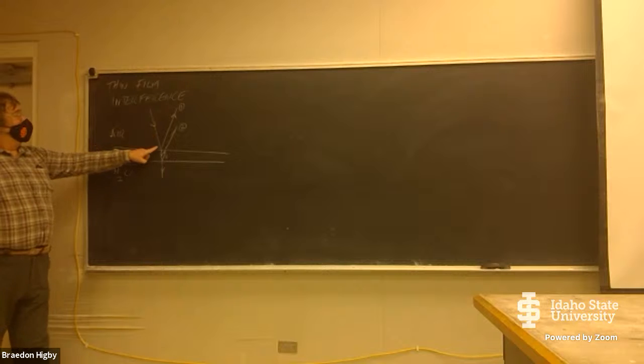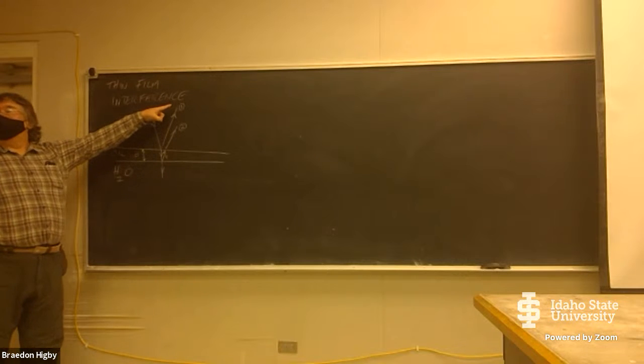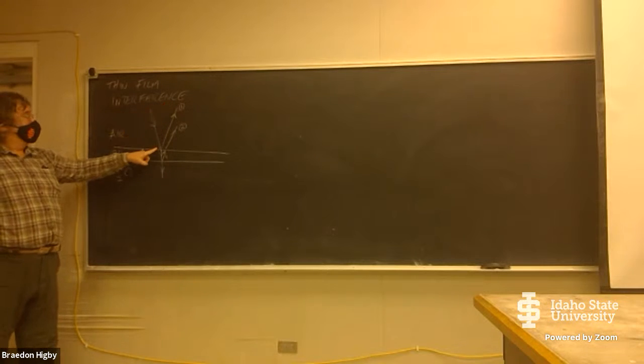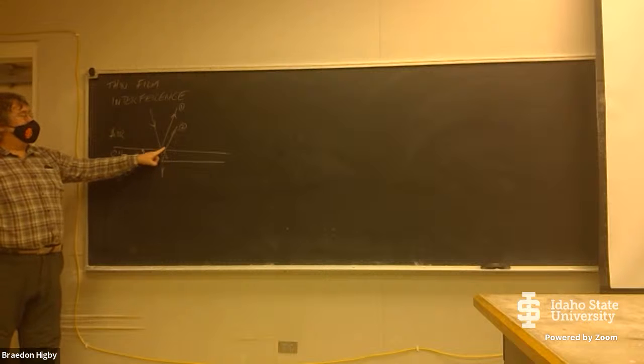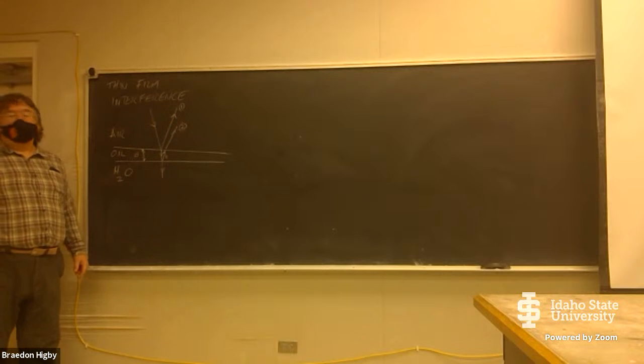Ray 1, you just get light bouncing straight off of the first surface. Ray 2 happens when the light penetrates the oil, bounces off of the interface with water, reflects, and then comes back into air.